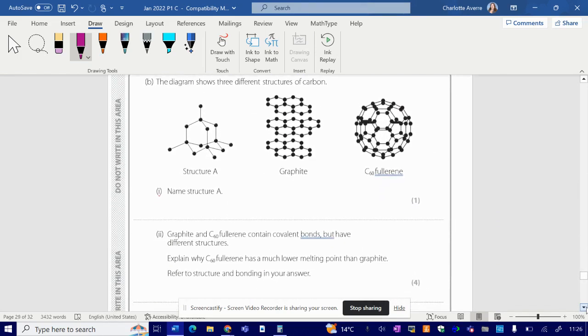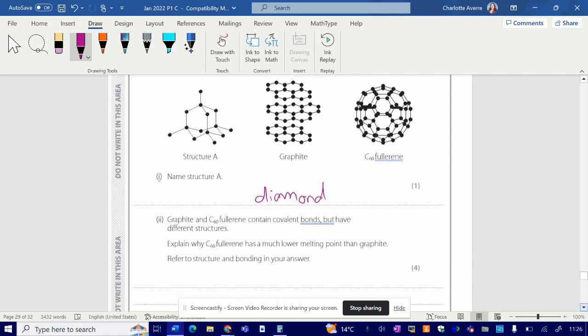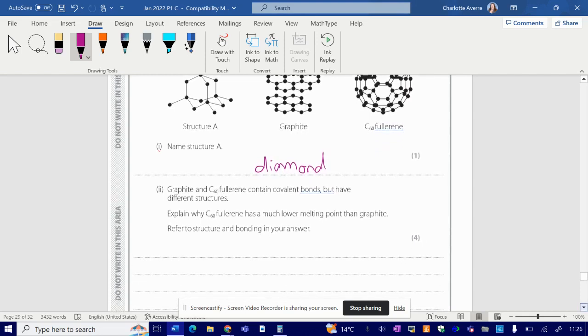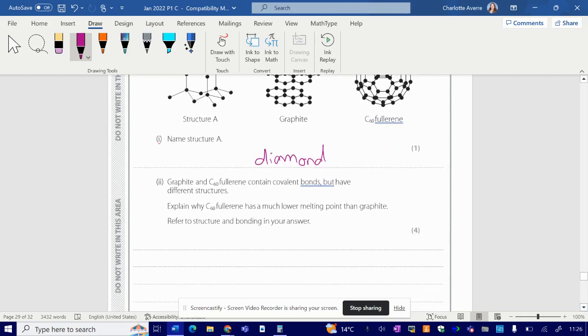We've got 3 different structures of carbon. Structure A has got 4 bonds, which tells you that it's diamond. And then we're being asked to compare graphite and C60 fullerene. Okay, so the key things here. Graphite is giant covalent, whereas C60, it tells you how many atoms are present, 60.